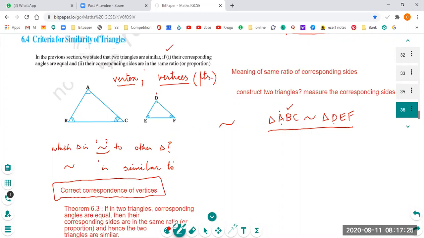What is the meaning of correct correspondence of vertices? It's very important.